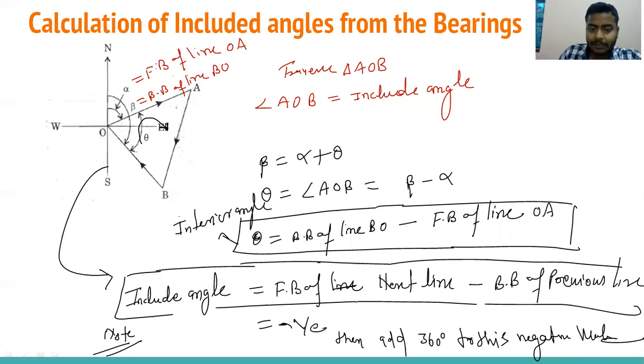When this value is negative, then add 360 degrees. Are you getting the point? Always remember to calculate the included angle, just write down fore bearing of next line minus back bearing of the previous line.